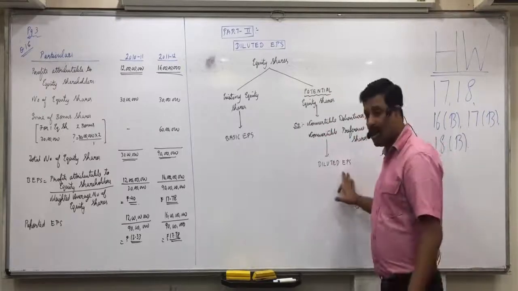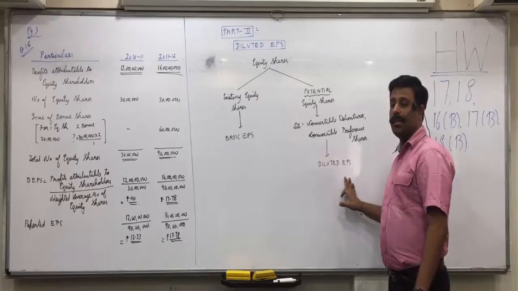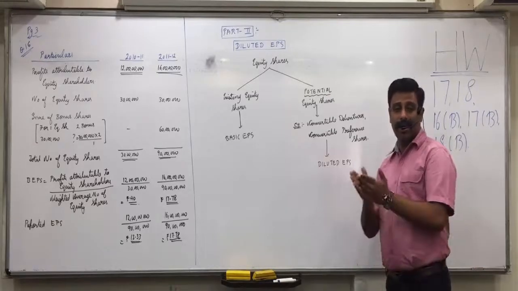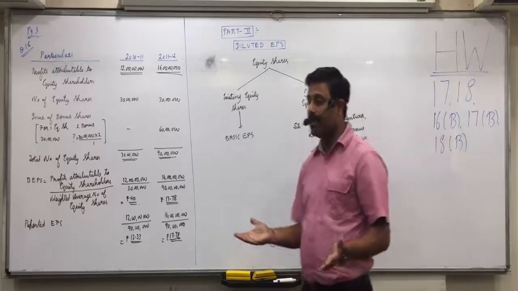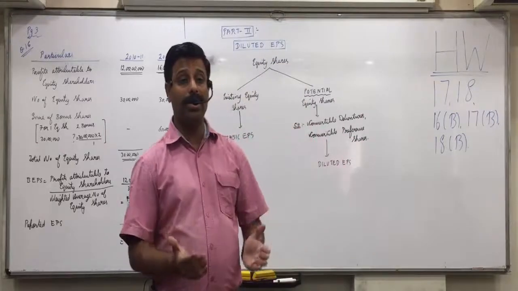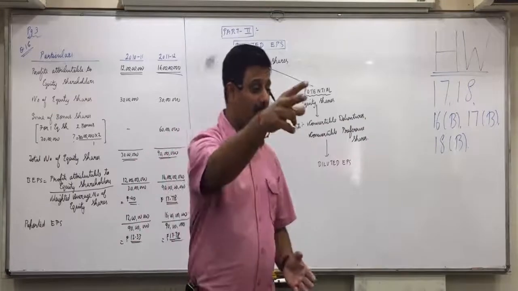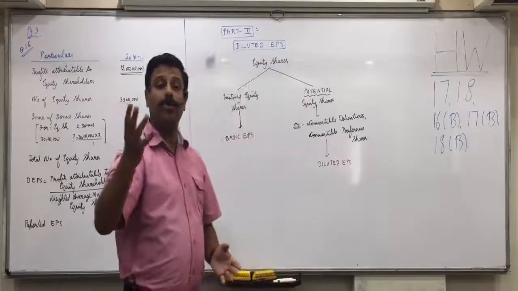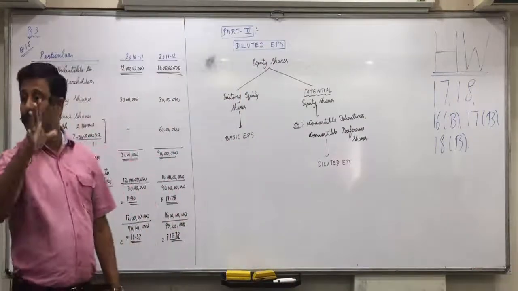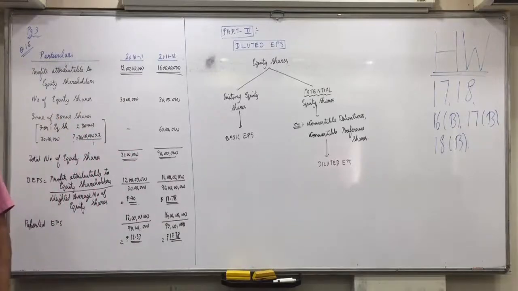So the EPS is called diluted EPS. Diluted means distributed between a larger number of people. Dilution of control takes place, because presently the control is with fewer people, and in future the control will be with more people. Did anyone of you understand this?